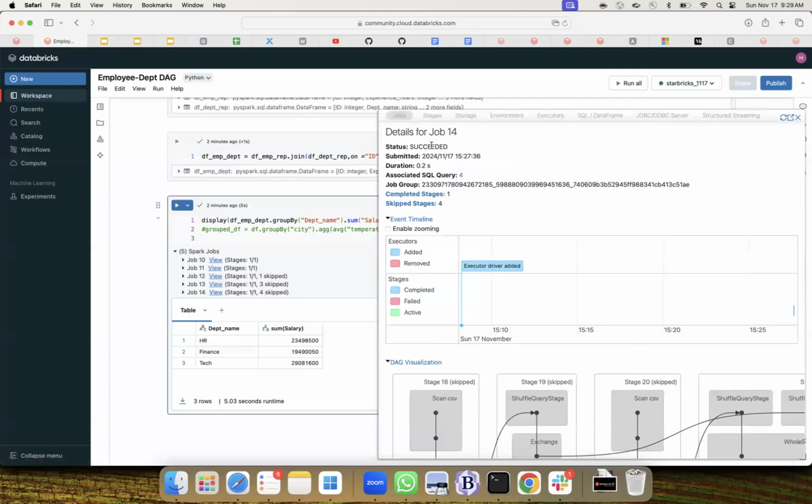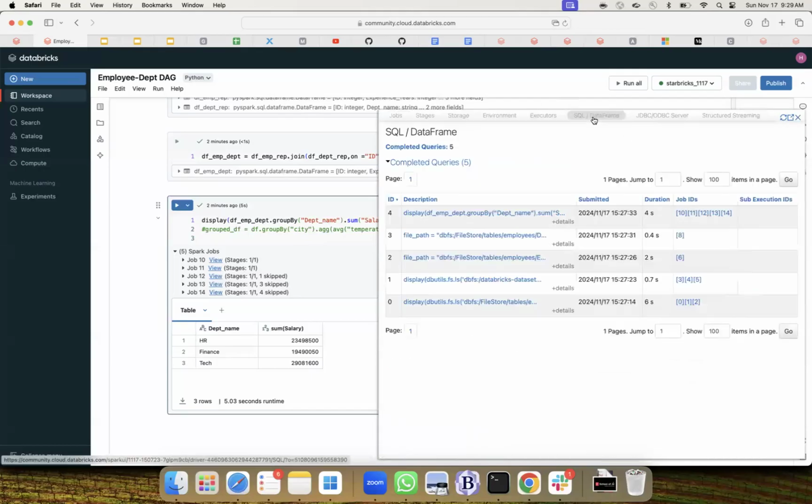We also discussed each of these jobs, stages, and SQLs that it has run, right?